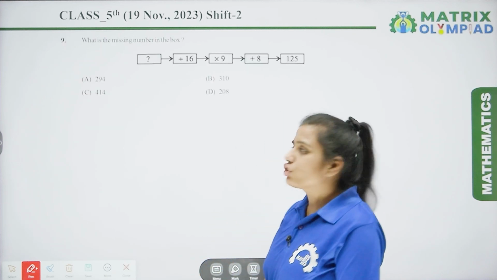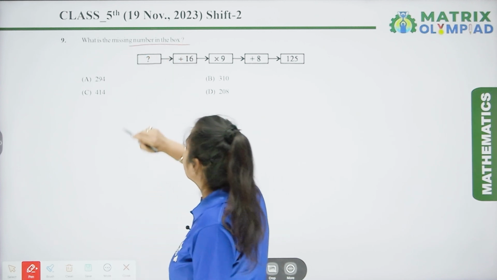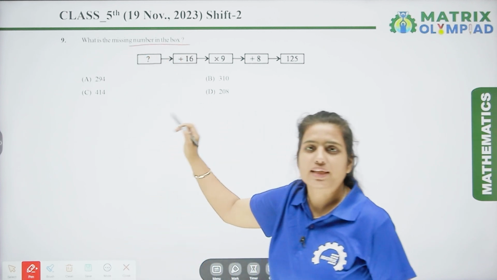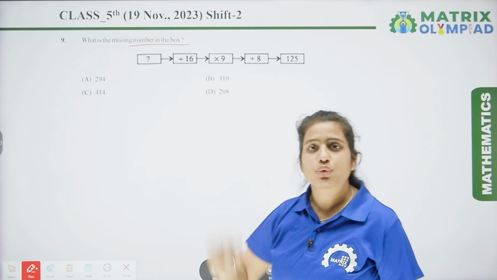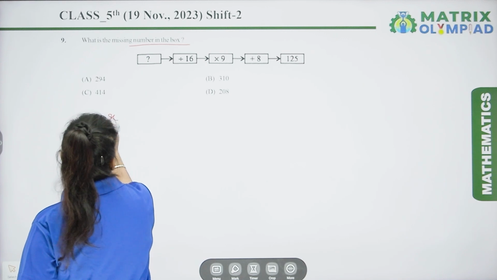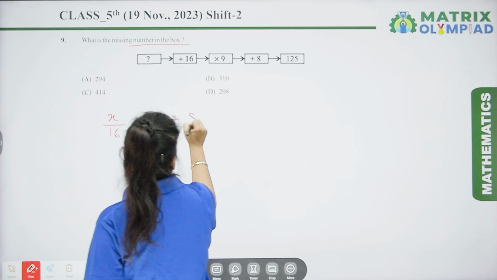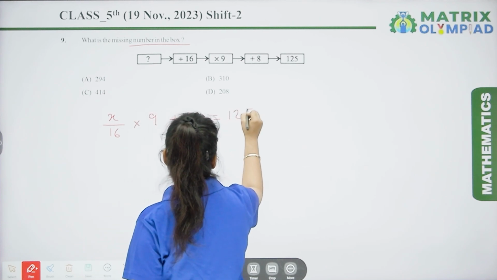Now the next question is question number 9. In this question we have to find out the missing number in the box. So here let the number be x, and according to the BODMAS rule we are going to solve this question. So here it is x divided by 16 multiplied by 9 plus 8 equal to 125.